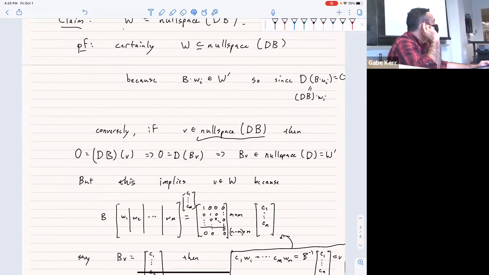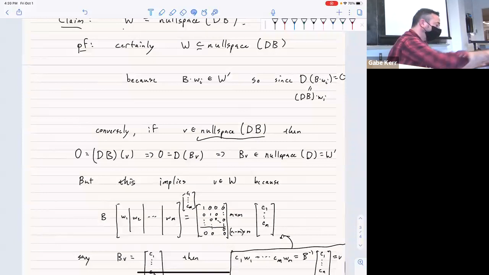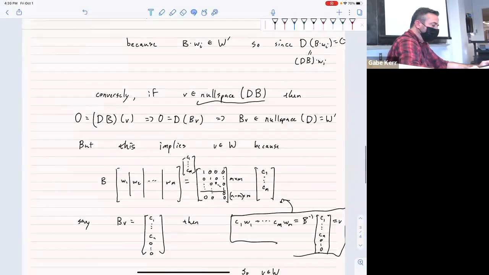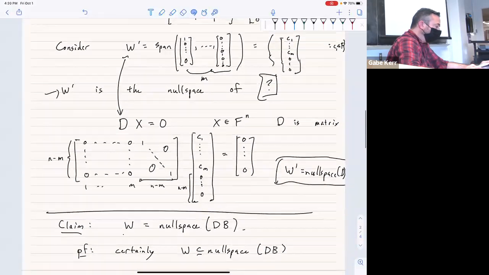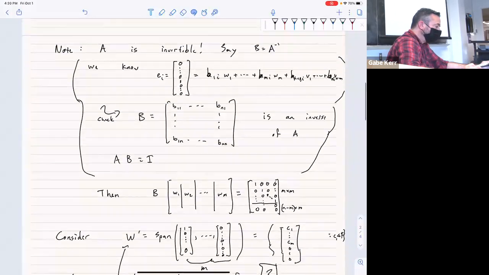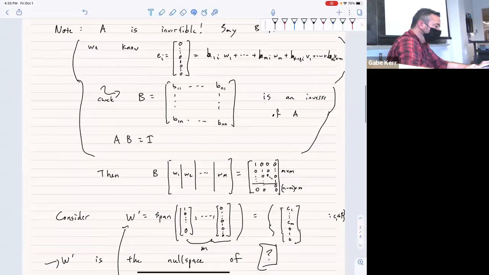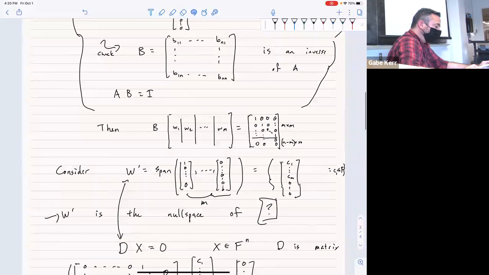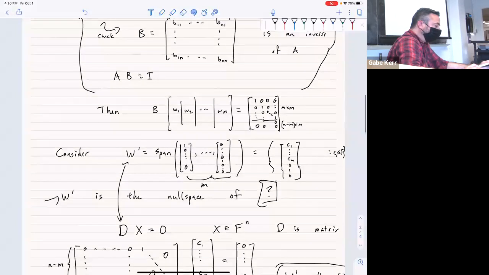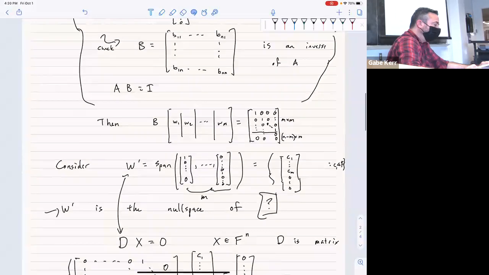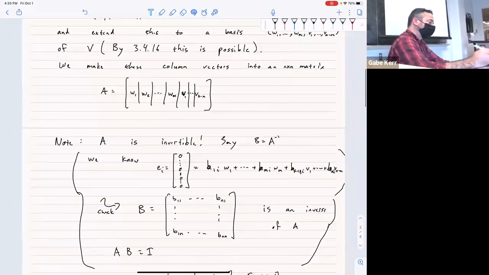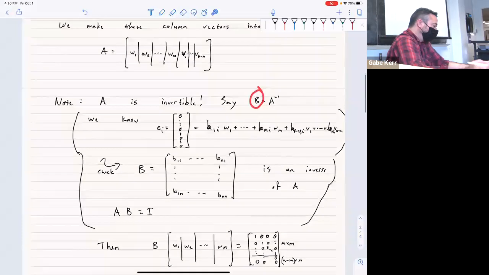We were able to take the basis vector. Did we take the basis vector of V or W? You took both. We started with a basis for W, and then we extended to a basis for V. By doing that, we are allowed to get an inverse, which allowed us to define this matrix B. B is the inverse.